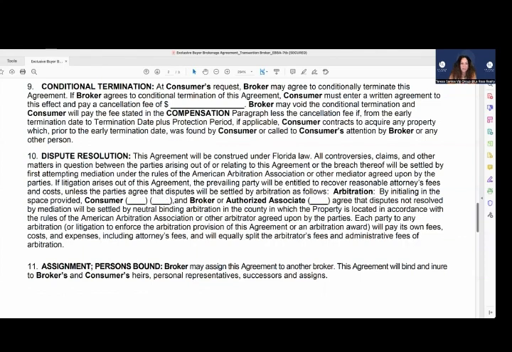So again, consumer and broker or authorized associate. Now this, we have not decided as a brokerage at La Rosa yet. So as soon as we find out, we will let you know. We haven't decided whether the broker is going to be signing these agreements in its totality, or whether they are giving us authorization to sign this agreement.